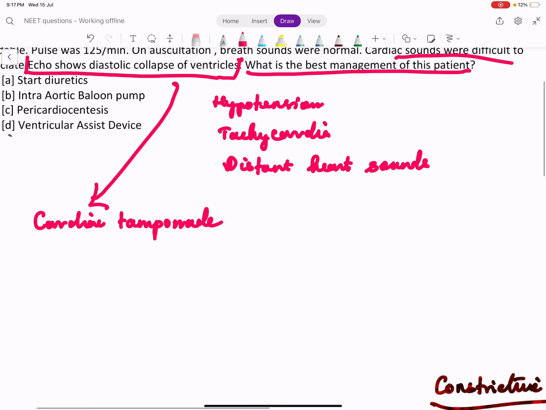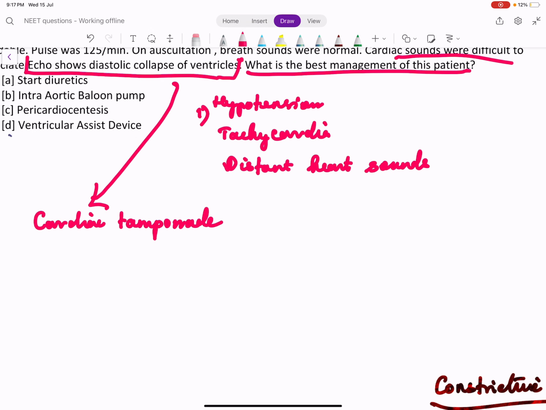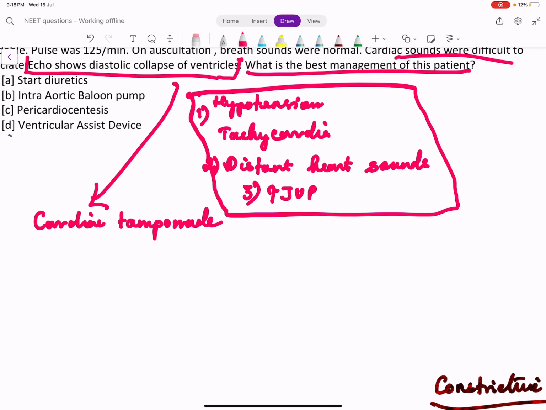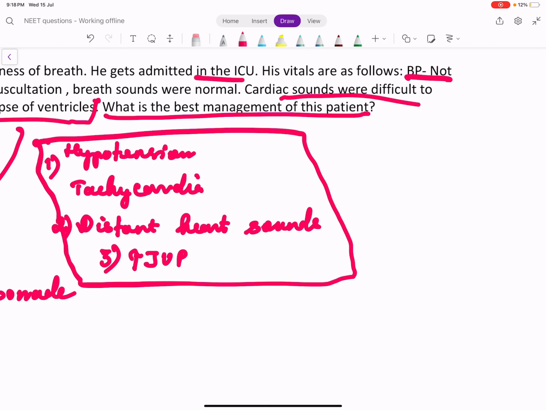Okay, so for this question, there are only two conditions which cause the triad of hypotension, distant heart sounds, and elevated JVP. Here they didn't give the clue elevated JVP, but actually there is elevated JVP in this condition. So the two conditions which cause hypotension, distant or difficult to appreciate heart sounds, and elevated JVP are tension pneumothorax.